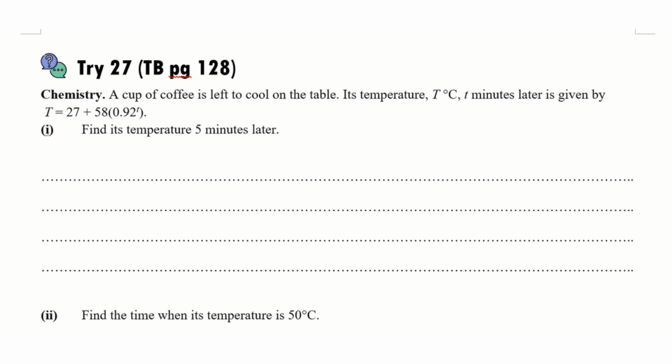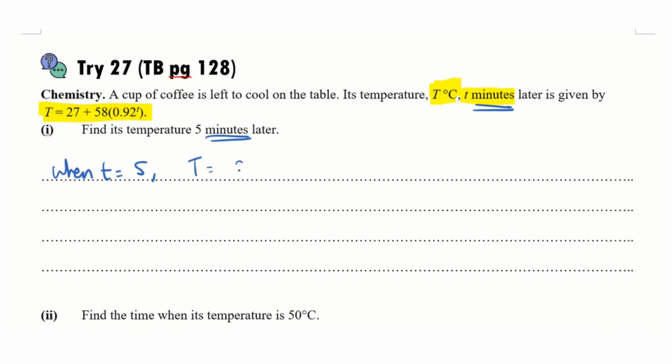So there are two different types of T over here. One is the capital letter T to represent the temperature, and the other one is the small letter t to represent the time. And the formula that we are going to use is this one over here. In part 1, we want to find the temperature 5 minutes later. Since the units are the same, our small t is equal to 5.